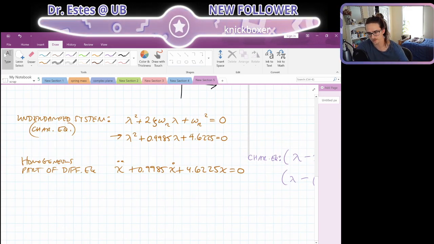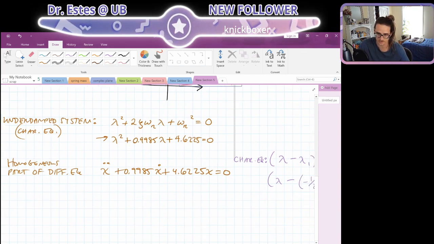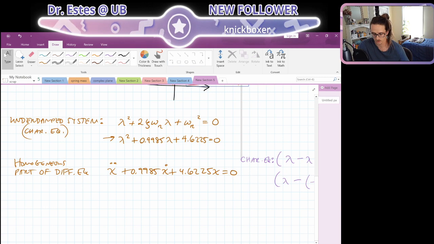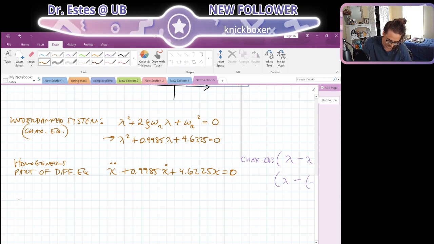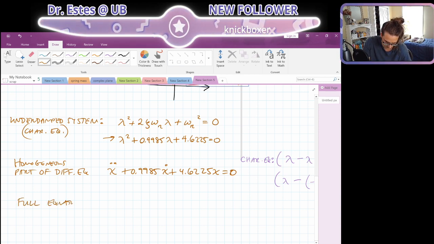But we know that I'm providing a step input to this system. And I know I wrote unit step in the prompt, but it's not going to be a unit step.